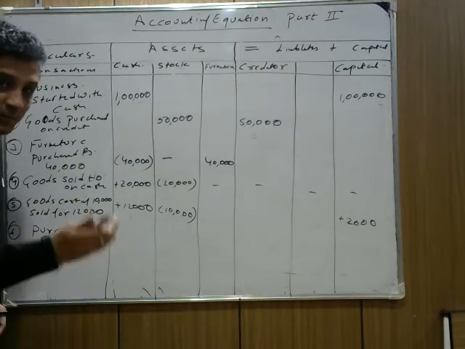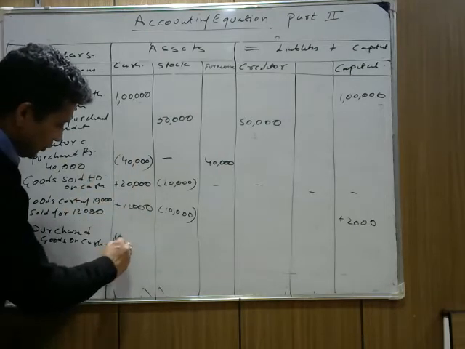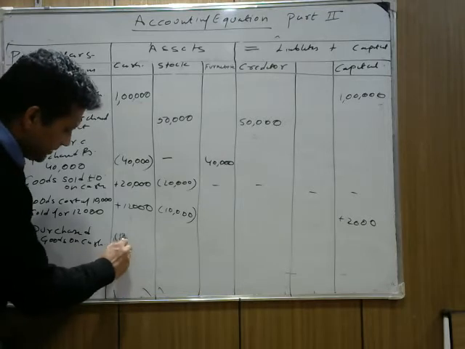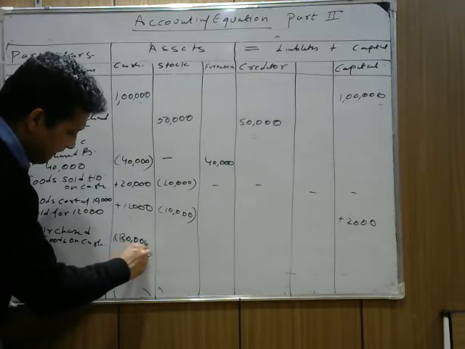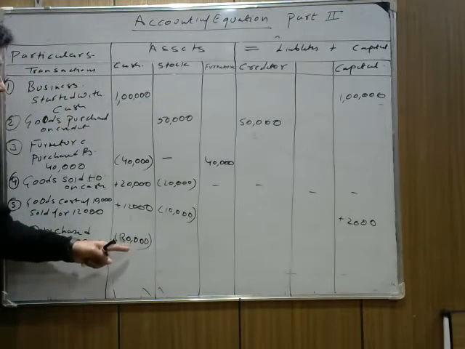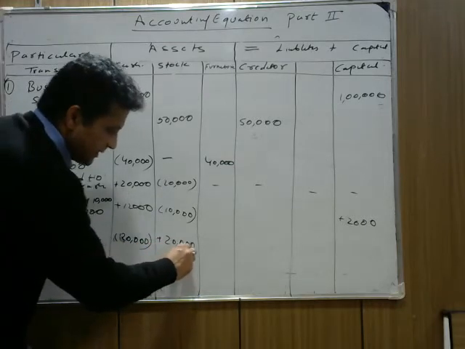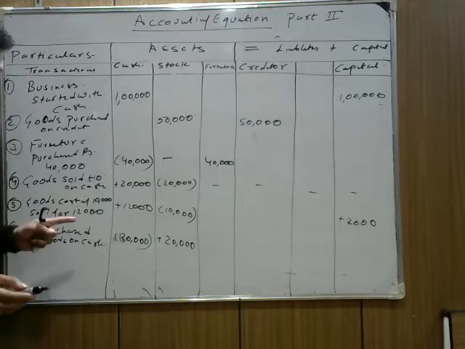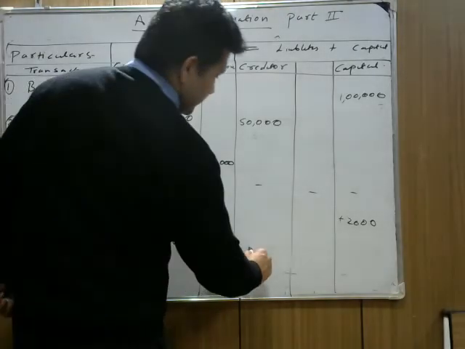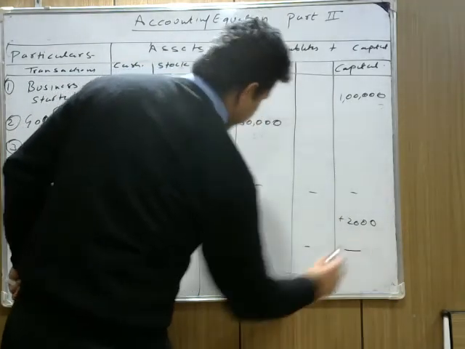What are you paying? You're paying cash. It means 20,000 will be deducted from the cash account, and 20,000 worth of stock you are receiving. Is it clear? No change in furniture, no change in creditor, no change here, no change in capital.